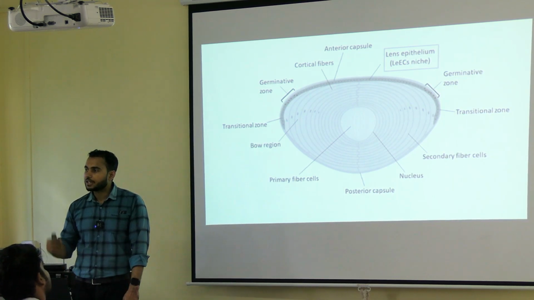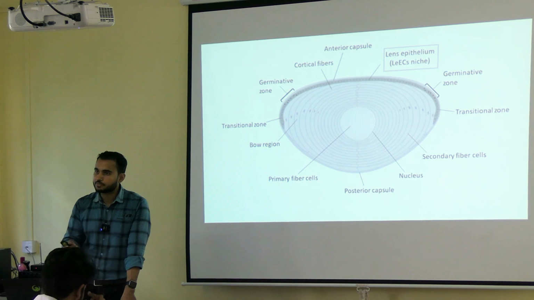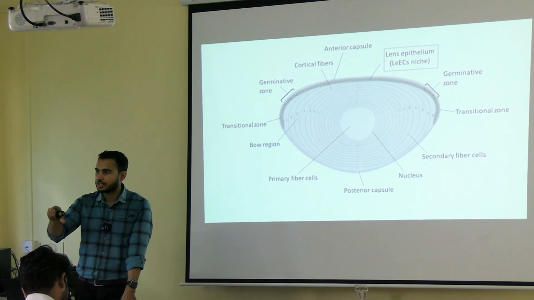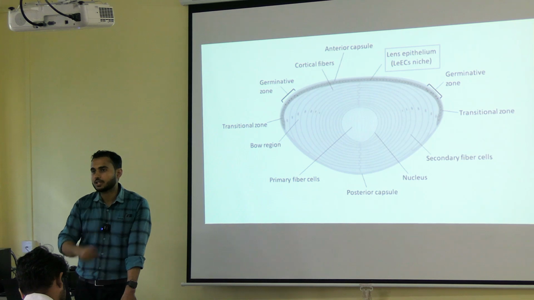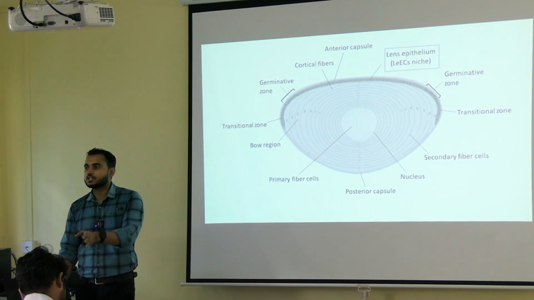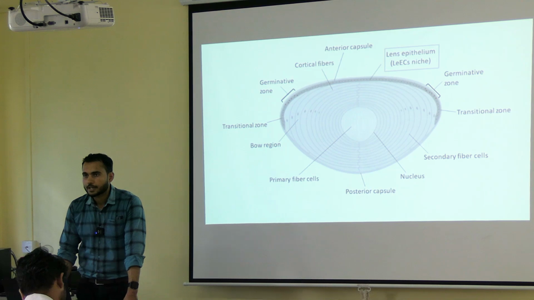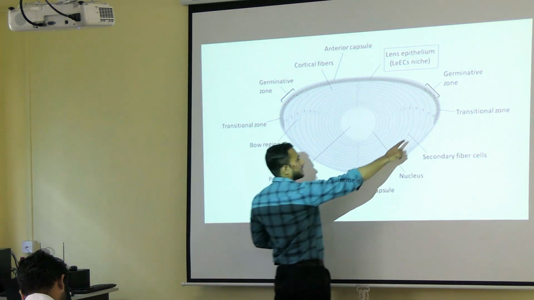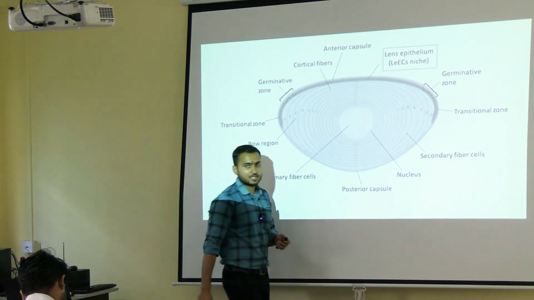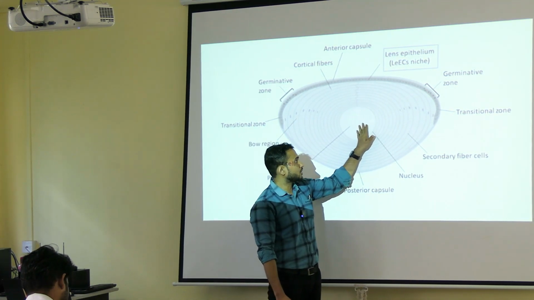So if anyone asks you how the lens fibers are formed, your answer will be that the lens epithelium elongates in the anterior direction, and thus they form the lens fiber, and the formation takes place in the transitional zone. Once the fibers are formed, here you can see, these are newly formed fibers and these are old fibers.